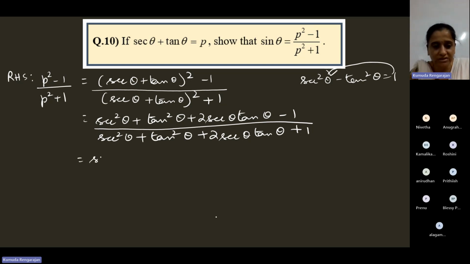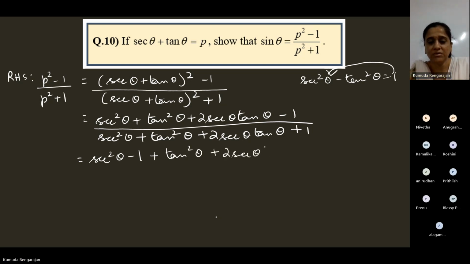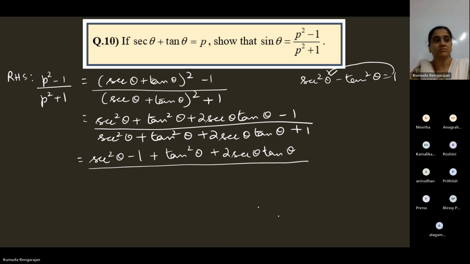So we'll group secant square theta minus 1 in the numerator and write the others as they look. We'll just do one change at a time and see what happens, because we don't know what else to do.